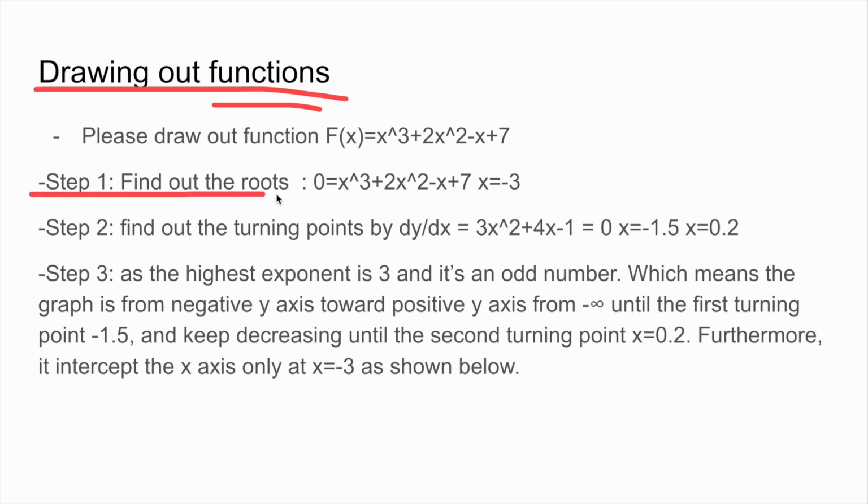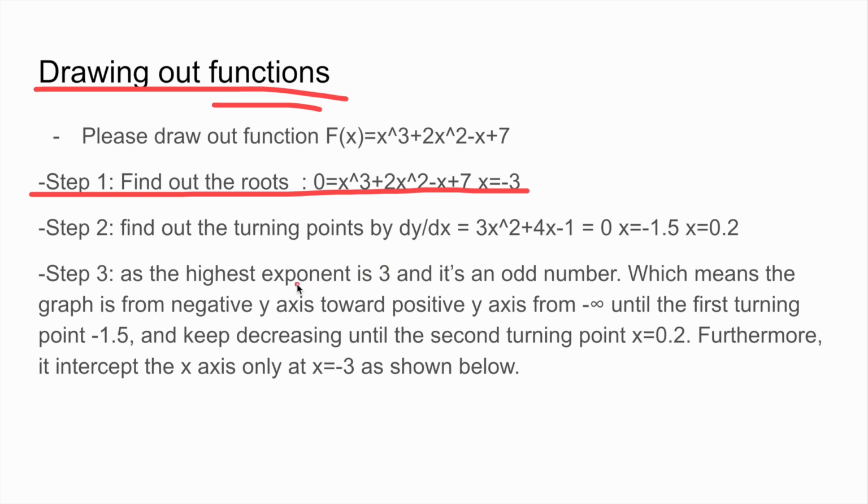For step 1, we find the roots of the function. The x is equal to -3. Secondly, we use the derivative dy over dx to find every turning point of the function.